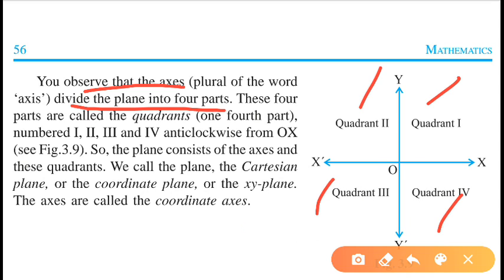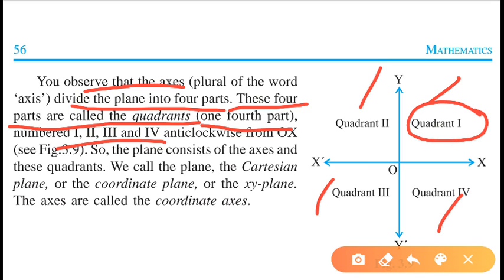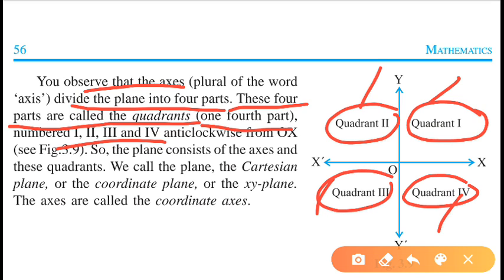These four parts are called quadrants. Each quadrant consists of 1/4 part of the plane, numbered 1, 2, 3, 4: quadrant 1, quadrant 2, quadrant 3, quadrant 4.